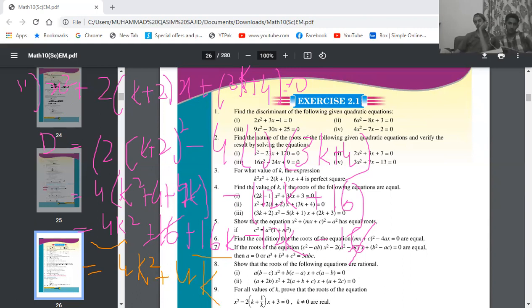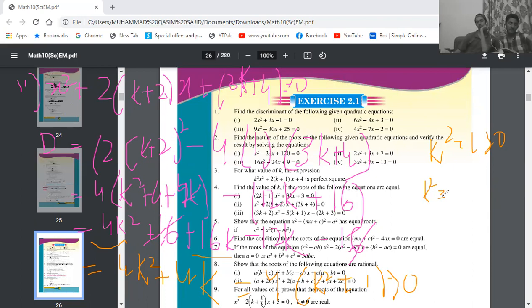For this equation, we take 4 as a common factor, so 4 times (k square plus 1) is greater than or equal to 0.